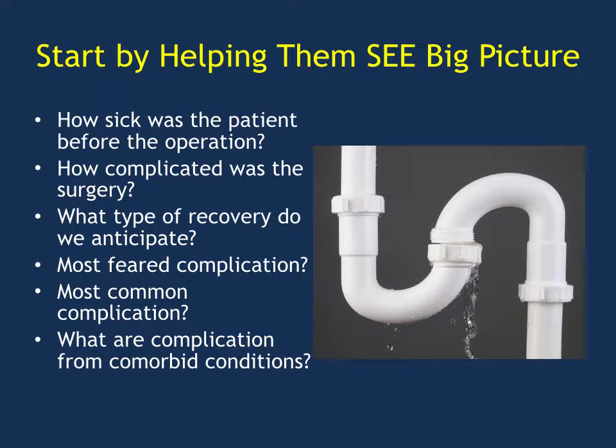And the picture on the right is a kind of a simplistic example of trying to get people to understand the obvious, meaning that when you have a gastrointestinal operation with an anastomosis, there's always a risk for leak. And we're always watching out, or at least being aware of the possibility that a patient can have a leak after an operation with an anastomosis, versus when somebody has an ileostomy or a colostomy.